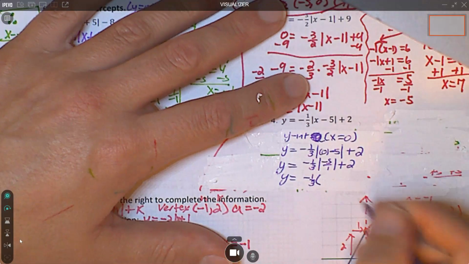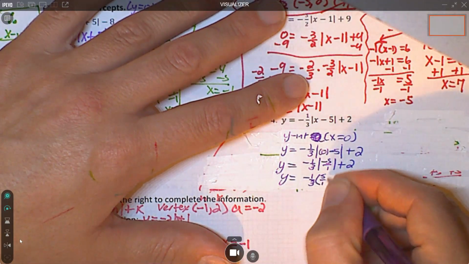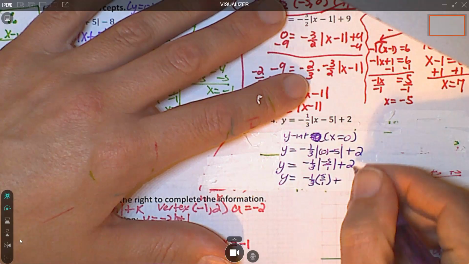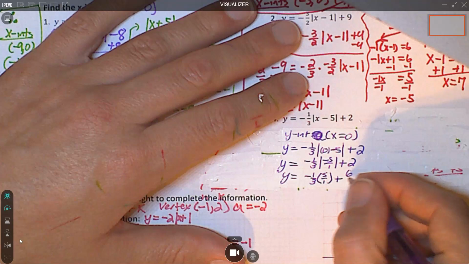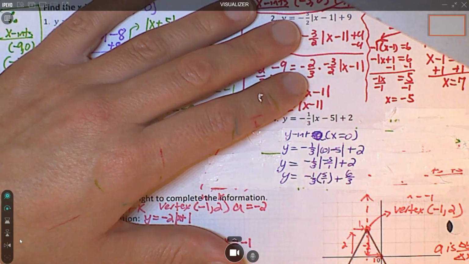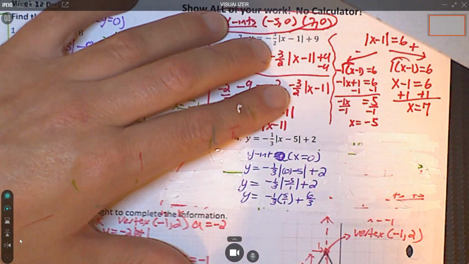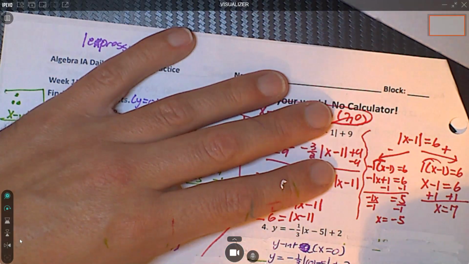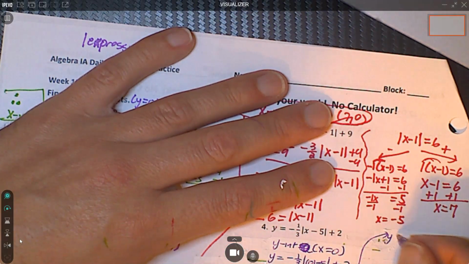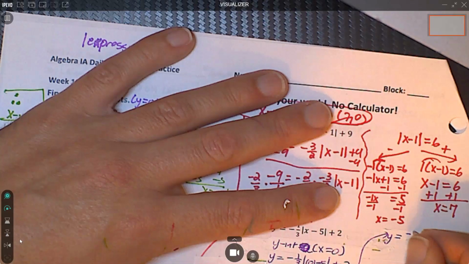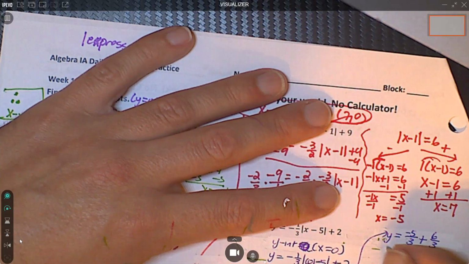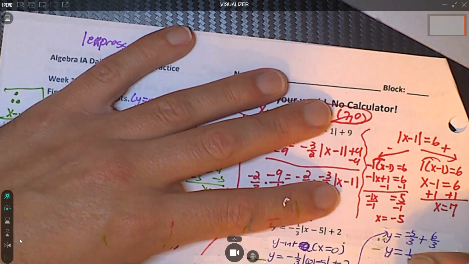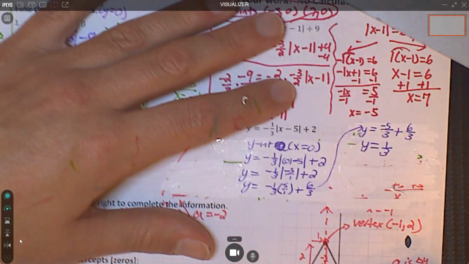The absolute value of negative 5 is 5. I know I'm going to have to turn that into 6 over 3. Oh, sorry.